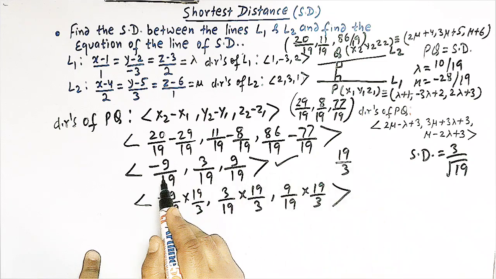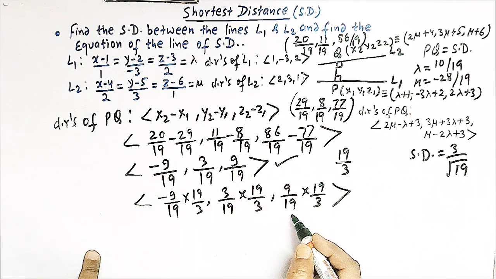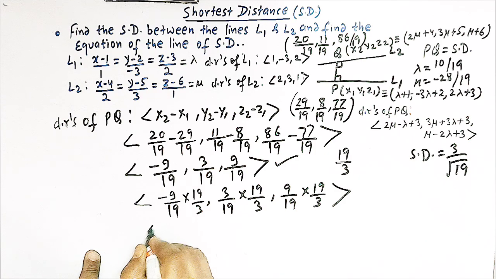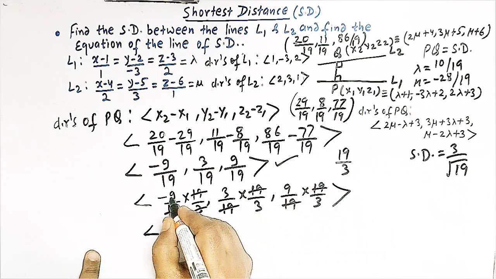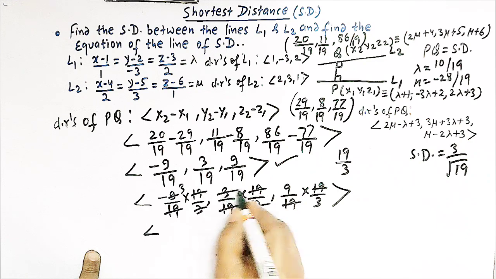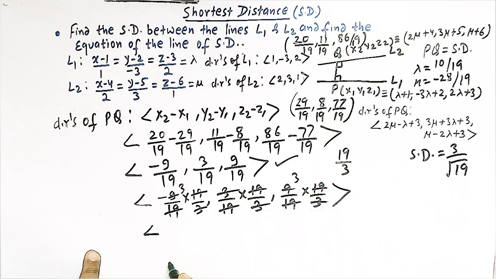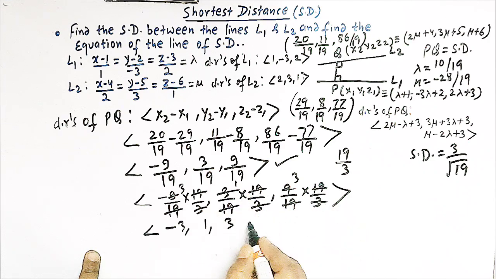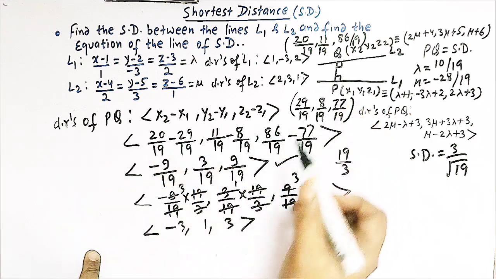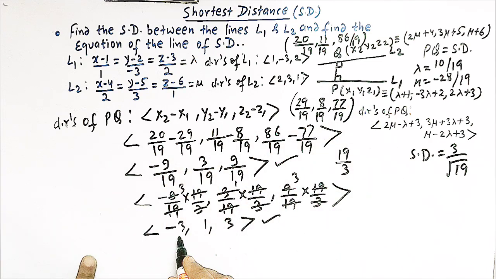Because we can reduce the direction ratios to the lowest terms, because we know that parallel lines have proportional direction ratios. So here this 19 19 get cancelled, and here we have 3 times 3, here 3 and 3 get cancelled, and here we have 3. So here we have minus 3, here we have simply 1, and here we have simply 3. So the direction ratios of PQ can also be written like this, that is minus 3, 1, 3.